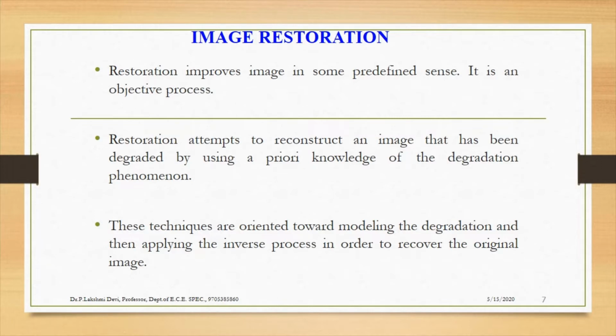We'll call it image restoration. That's the main attempt in the restoration process, reconstructing an original image with improved quality. These techniques are oriented toward modeling the degradation and then applying the inverse process in order to recover the original image.